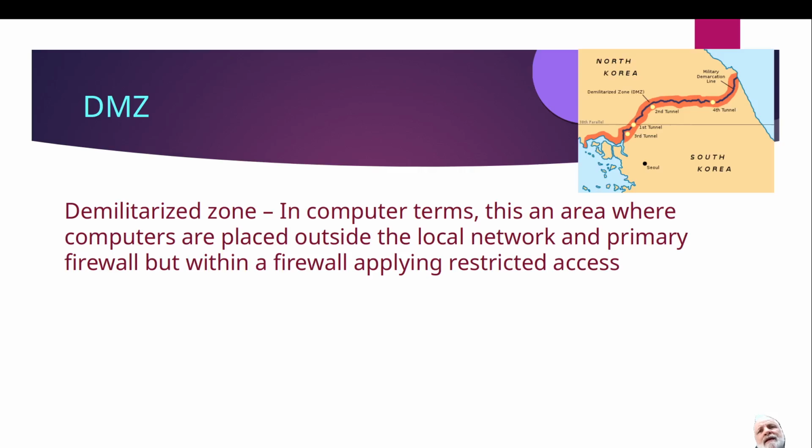So you set that computer outside of your main firewall, but you don't just put it out there all by itself on the internet where anybody can access it. You put it in a special area. It's outside of your main firewall, but still behind a firewall. It does allow new packets to come in, but those packets are restricted to certain types, so not just any packet is allowed in.